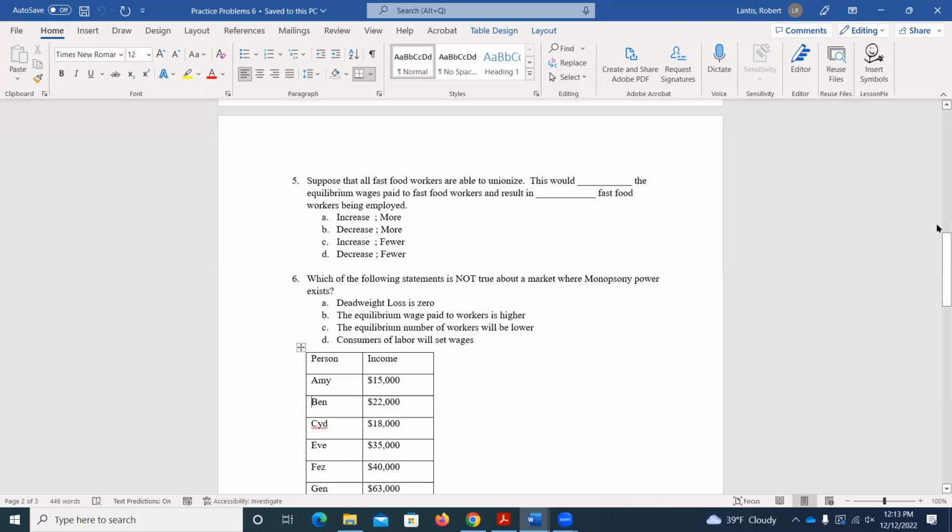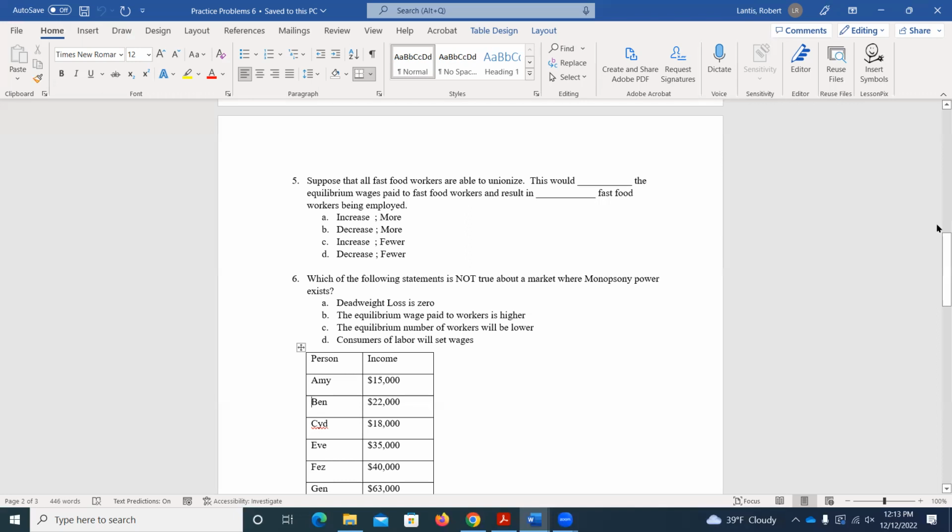You set the price or the wage at wherever the other party is willing to accept. Well, we know that workers are willing to supply their labor at this quantity for a much lower wage, right? So the idea is that once we have a monopsonist, or one employer, they're going to have some power over that market and they're able to pay lower wages. Once again, what do we have as a result of that?